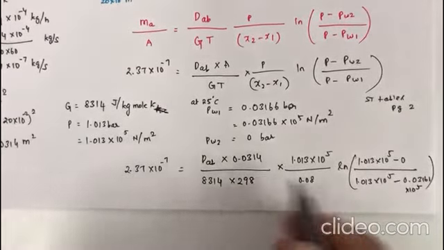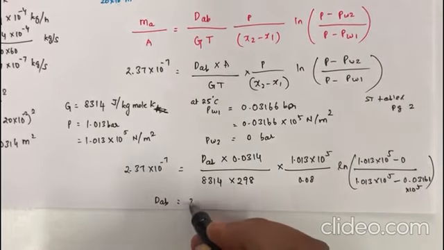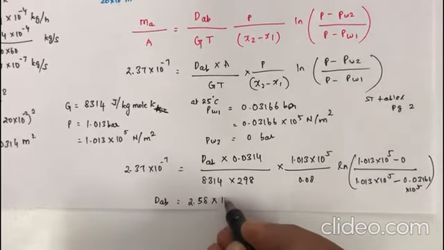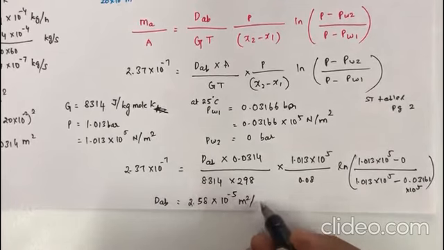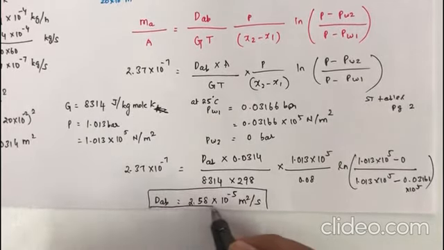Now if you do the rearrangement, you get the diffusion coefficient as 2.58 into 10 power minus 5 meter square per second. So this would be the answer. Thank you.